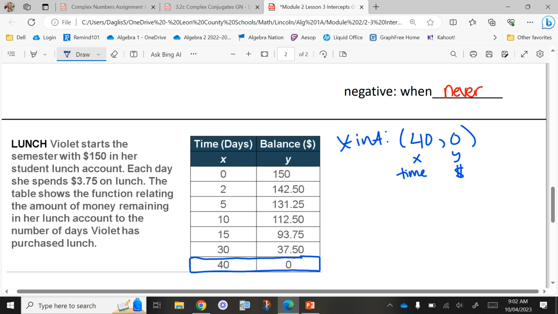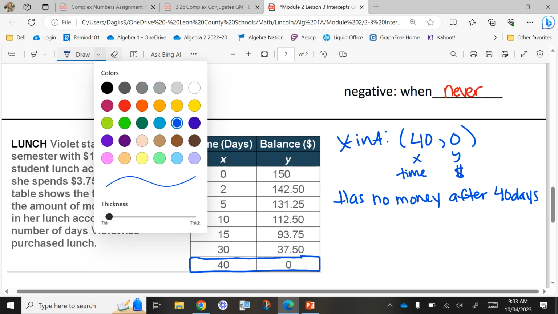So it took her how long to empty her account? 40 days. So she has no money after 40 days. So she can buy 40 lunches with her $150.